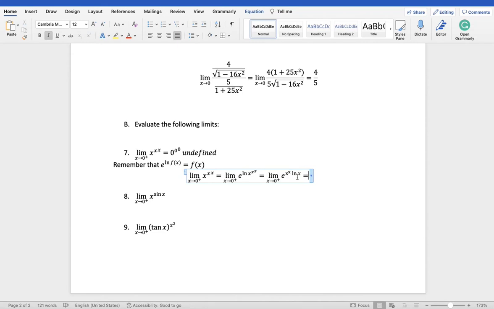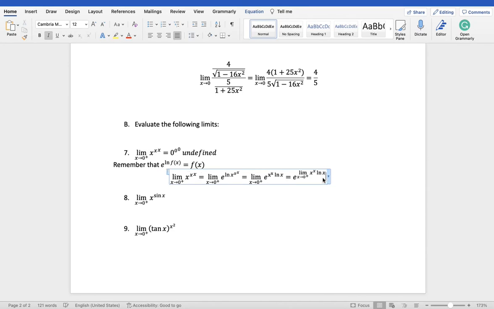So this can be equal now to e to the limit, as x tends to 0 from the positive side, of just x to the x times ln x.